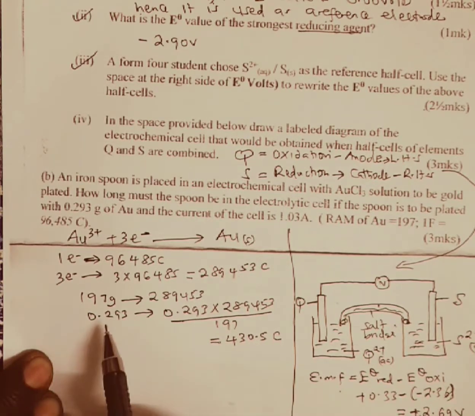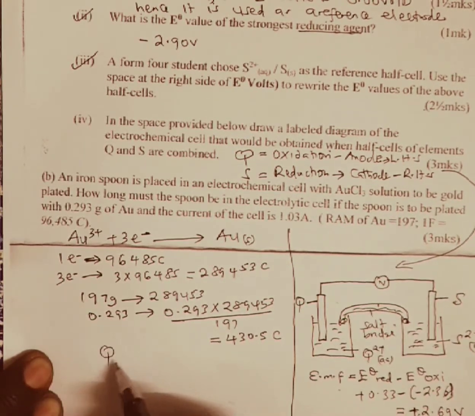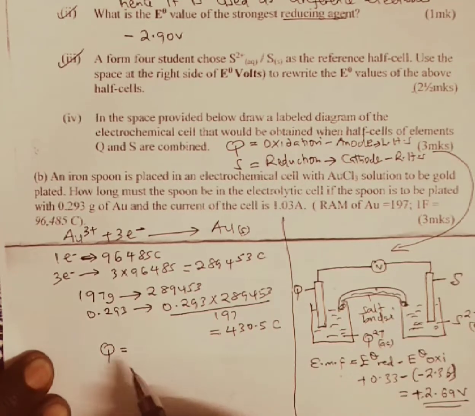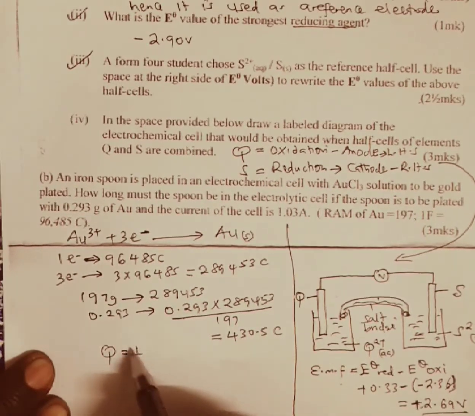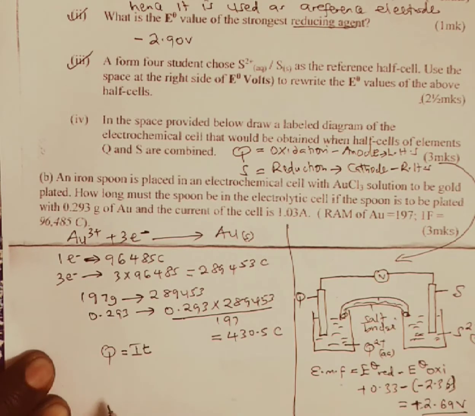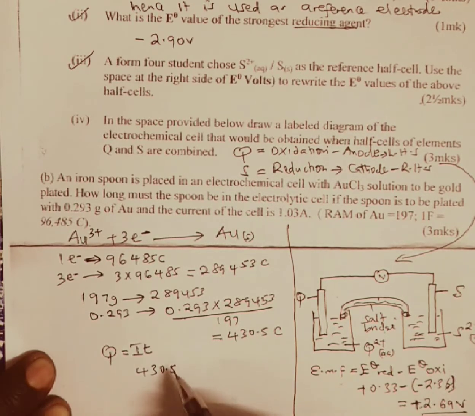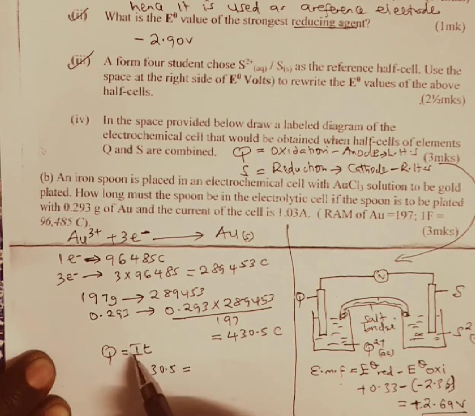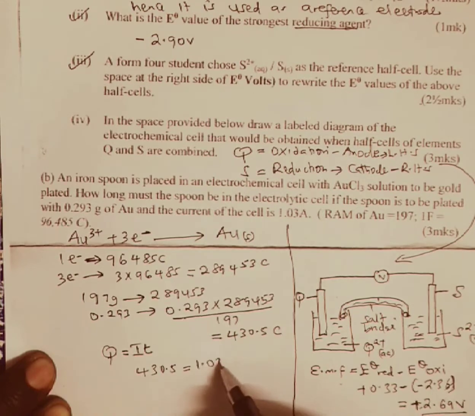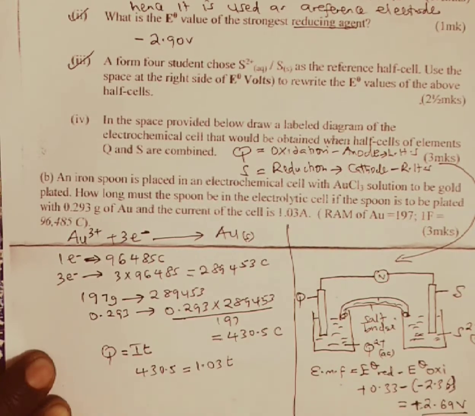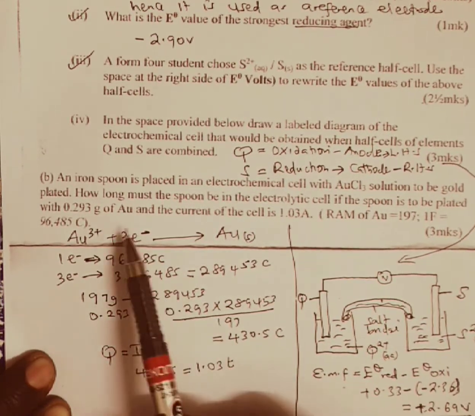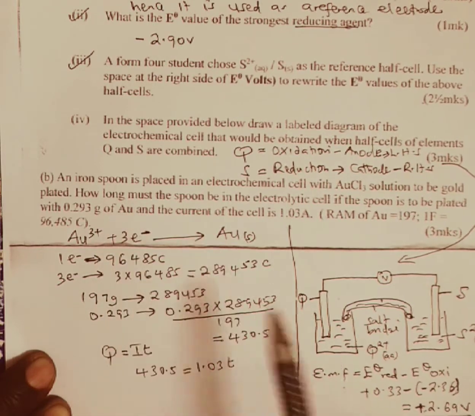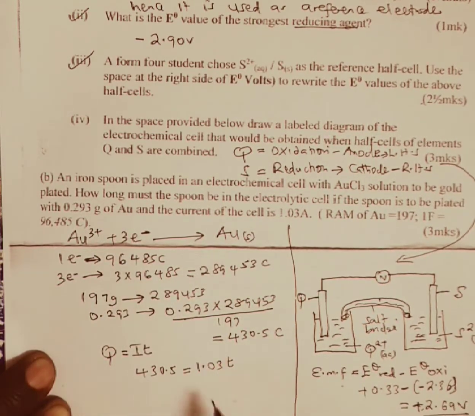Remember, this is the quantity of electricity that is required to deposit 0.293 grams. And we know to get the quantity of electricity, we usually take the current and multiply by the time. Remember, we have the value of Q, which is 430.5, and this must be equal to the current of 1.03 multiplied by the time, because we are supposed to calculate how long the spoon must be in the electrolytic cell.